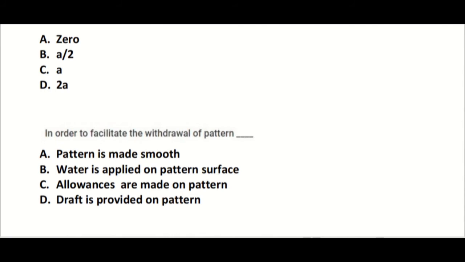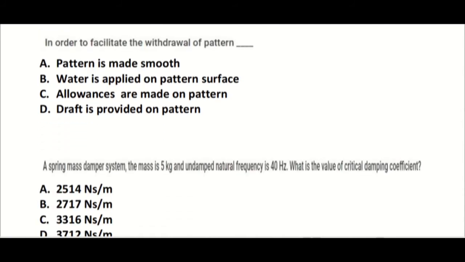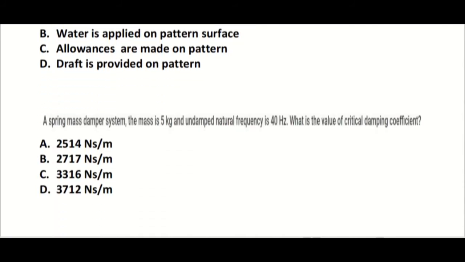The right answer is draft. Draft is provided on the pattern for easy removal of the pattern from the mold. Generally, the draft angle we give is 1 degree. Option B is the right answer.